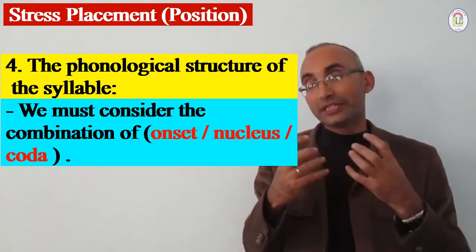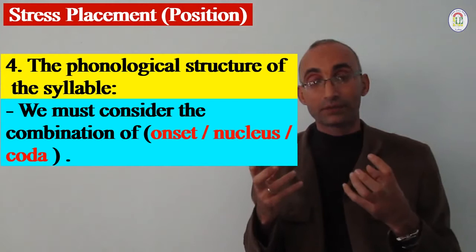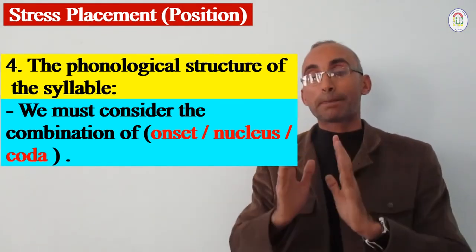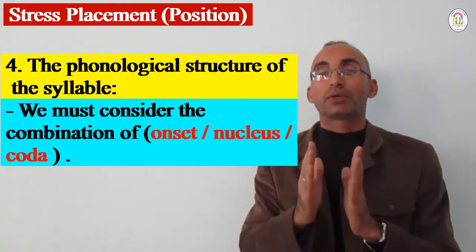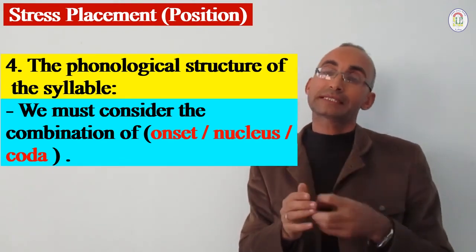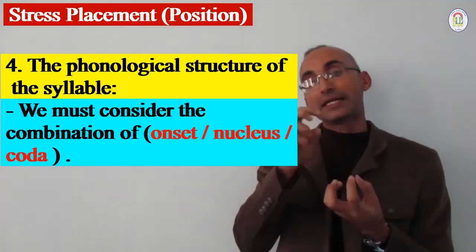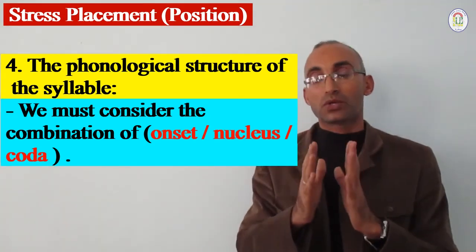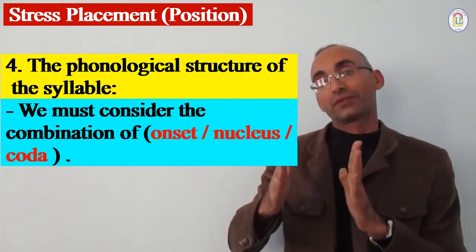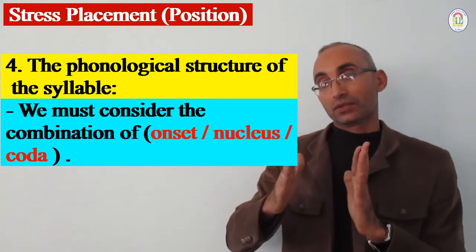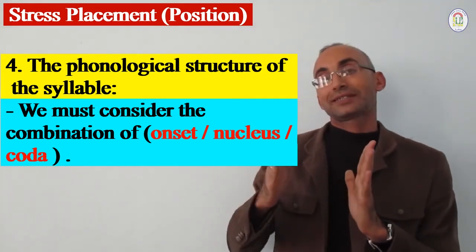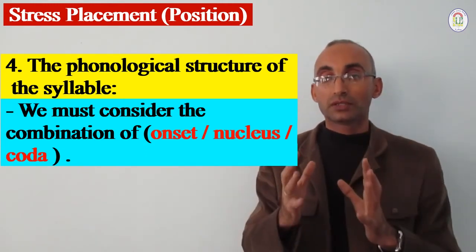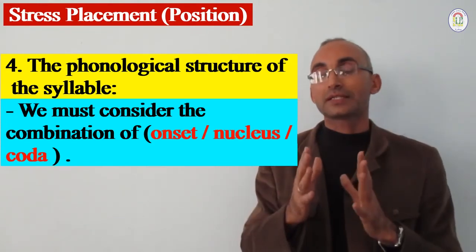Here we must know very well the sounds which belong to a particular syllable unit. Onset, nucleus, and coda form the syllable which is, for example, stressed. The other sounds belong to other units and are unstressed because they don't belong to this phonological unit within this syllable.